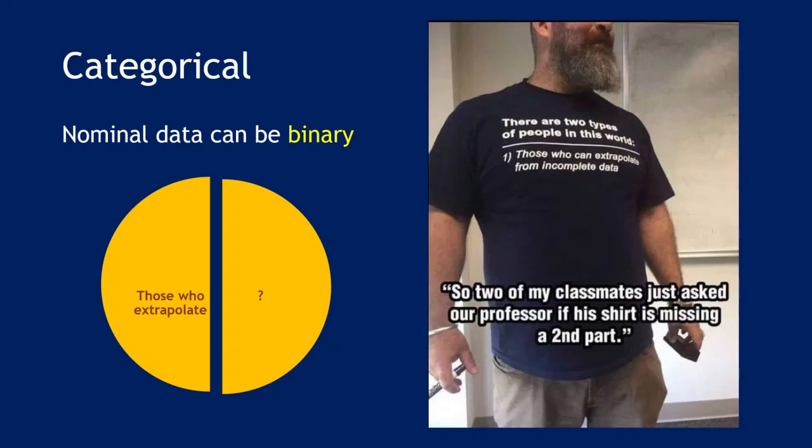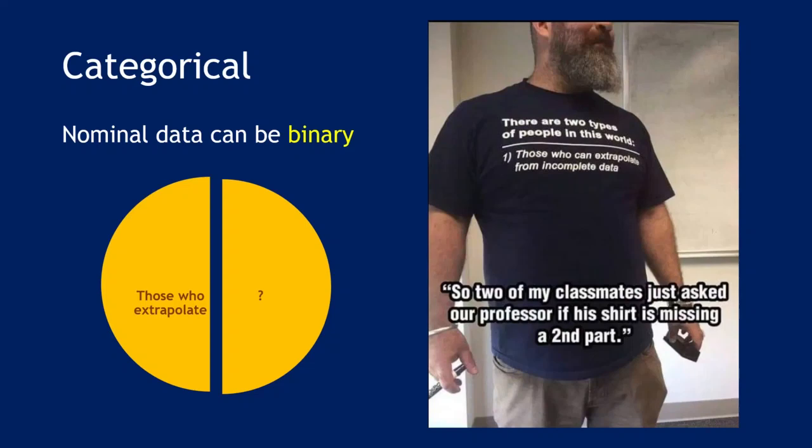and the two pieces add up to a whole pie. Okay, so this is another example, I think we've seen this in the summer probability series: a teacher who says there are two types of people in the world. Two types, meaning it's a categorical variable. The first one is those who can extrapolate from incomplete data. And then number two is missing. Two of my classmates just asked our professor if his shirt is missing a second part.